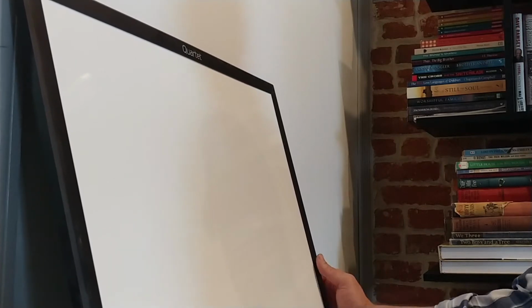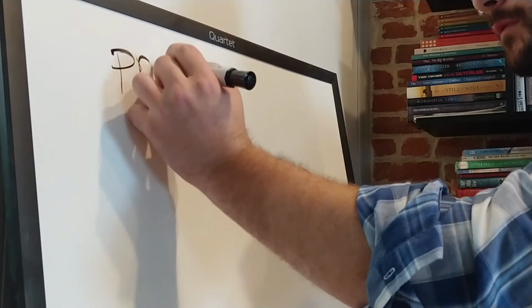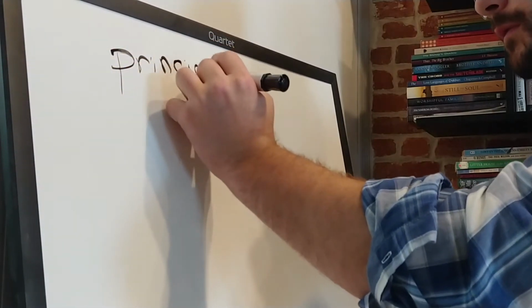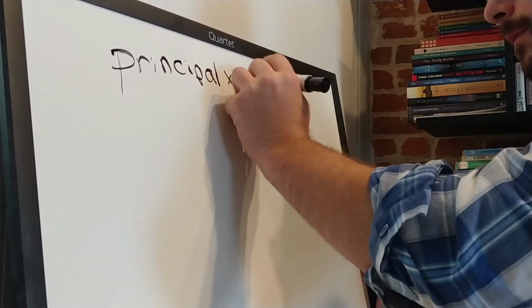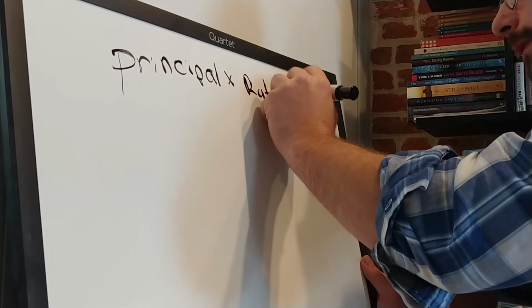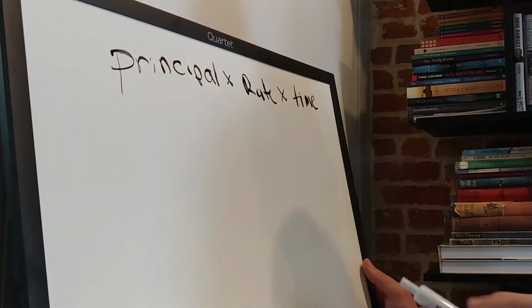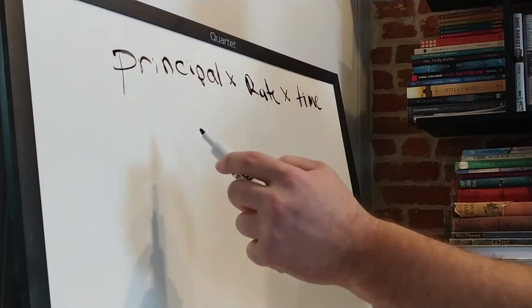So you probably already know this, but we have principal times rate times time. So principal is your original amount.